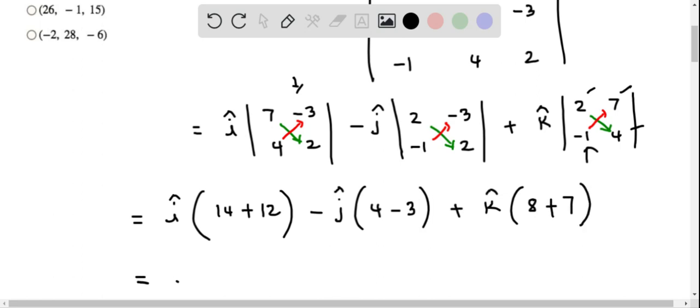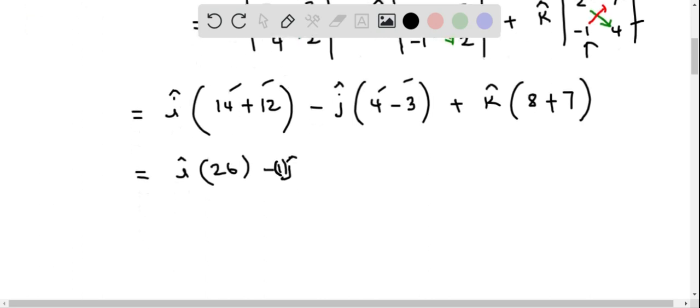And so this equals i unit vector. 14 plus 12 is 26. 4 minus 3 is 1. So it is negative 1 times j. Let me write this clearly. This one is basically negative 1 j.